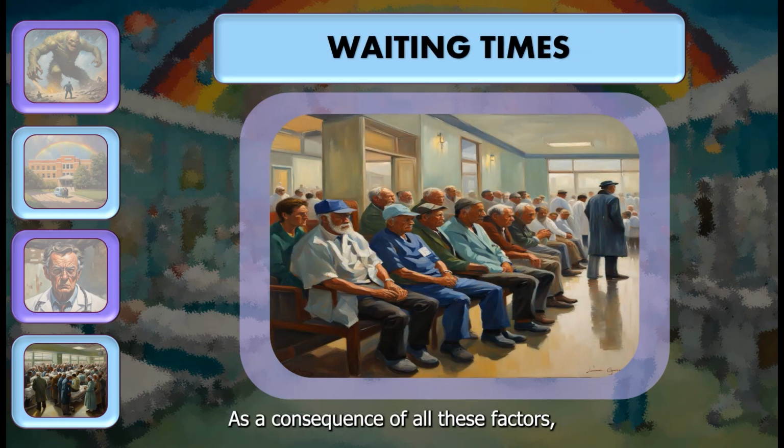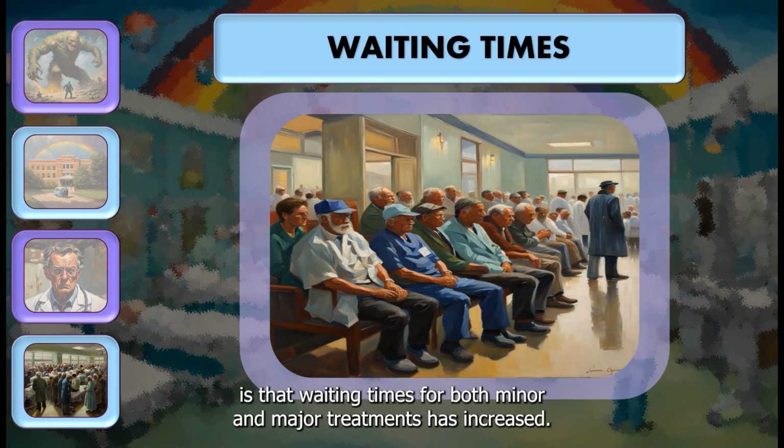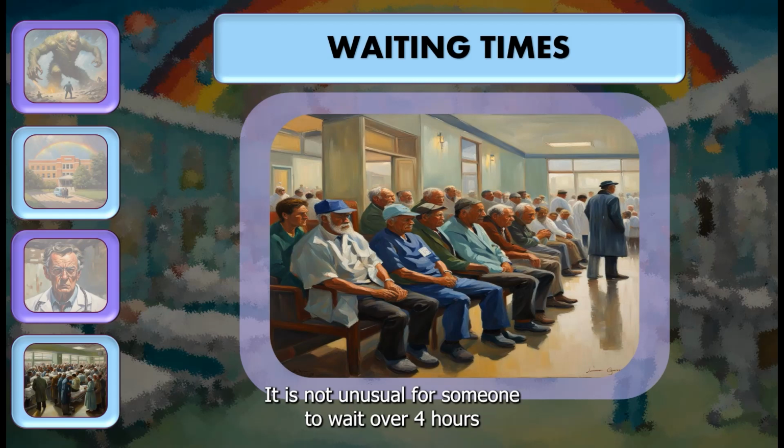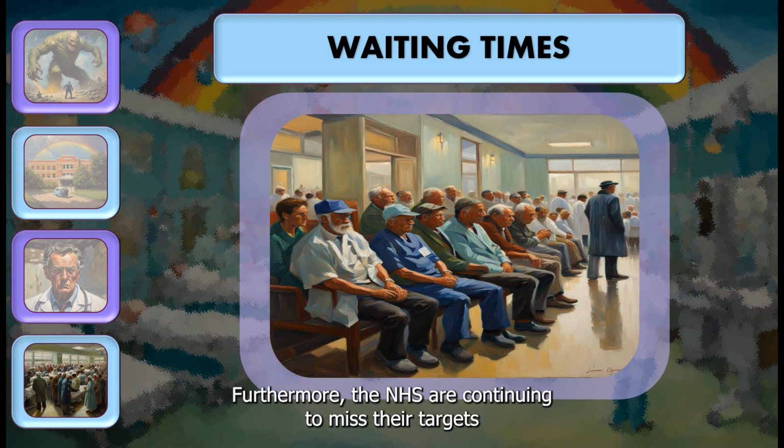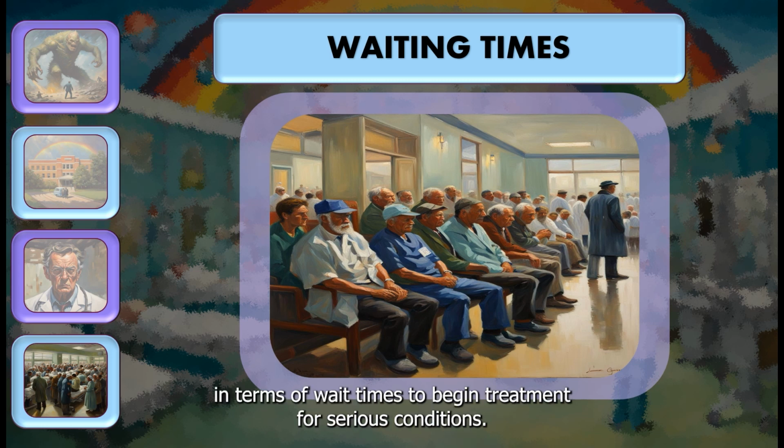As a consequence of all these factors, waiting times for both minor and major treatments have increased. It is not unusual for someone to wait over 4 hours in the A&E waiting room before they receive treatment. Furthermore, the NHS are continuing to miss their targets in terms of wait times to begin treatment for serious conditions.